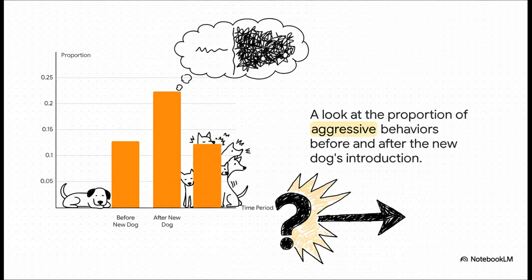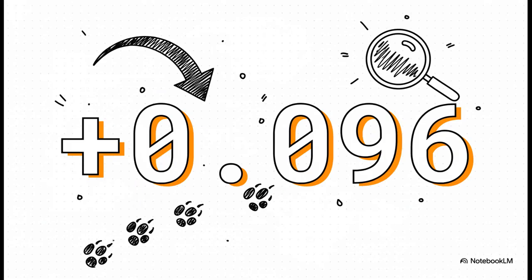It goes from about 13% all the way up to over 22%. Just looking at this, it really seems like the zookeeper's hunch was spot on. Something has definitely changed here. Let's put a hard number on that jump. We're looking at an increase of 0.096 in aggressive behaviors. That's a pretty big leap. The zookeeper's gut feeling is starting to look pretty solid, backed up by the data.